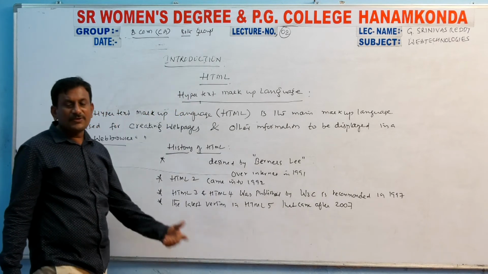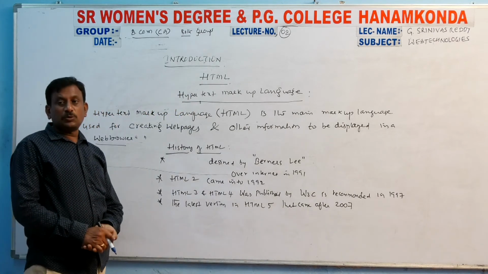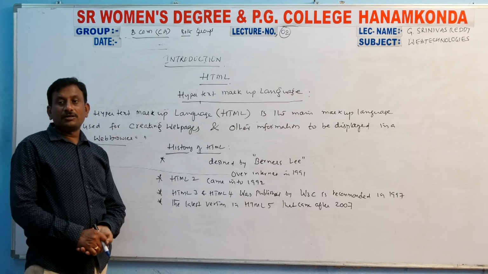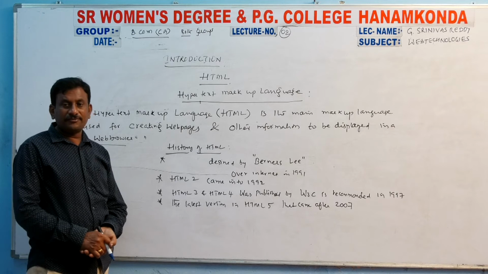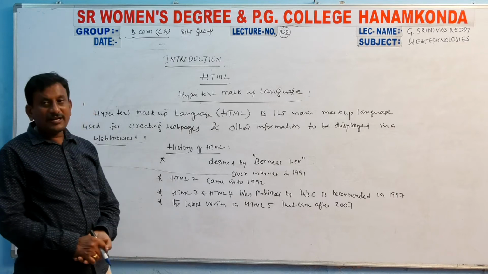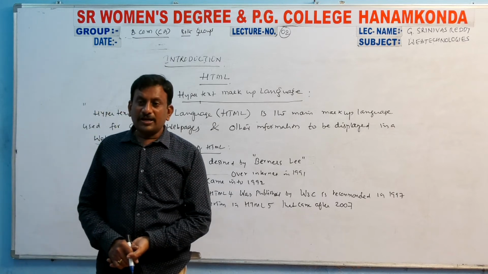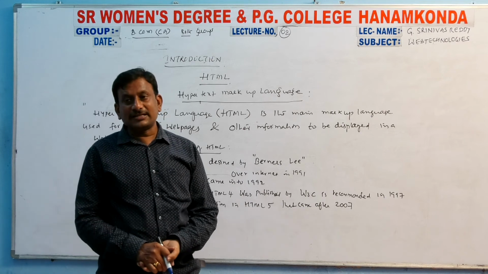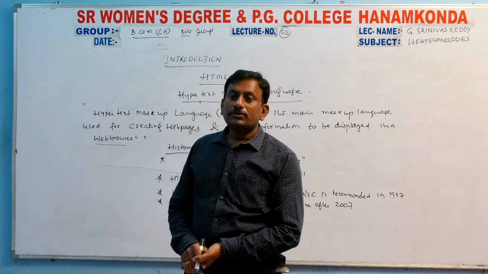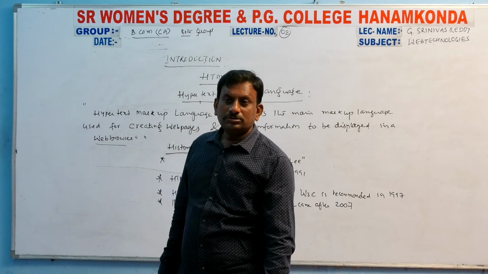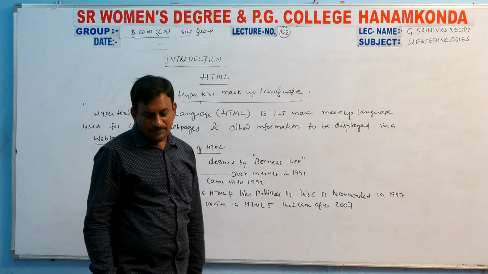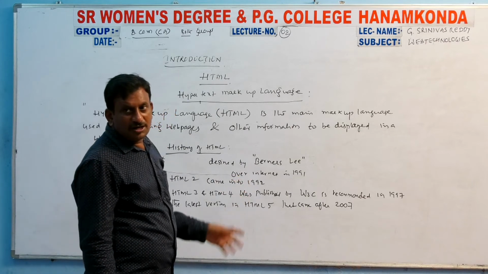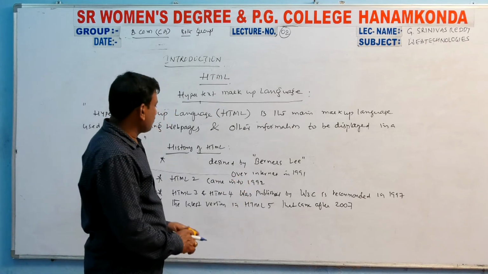Examples of web browsers: Internet Explorer, Chrome, Safari, Opera, Netscape Navigator. Clear? You can write the HTML code in any one of the text editors, like Notepad, WordPad, FrontPage, EditPlus. This is called HTML. Point-wise we will be discussing.